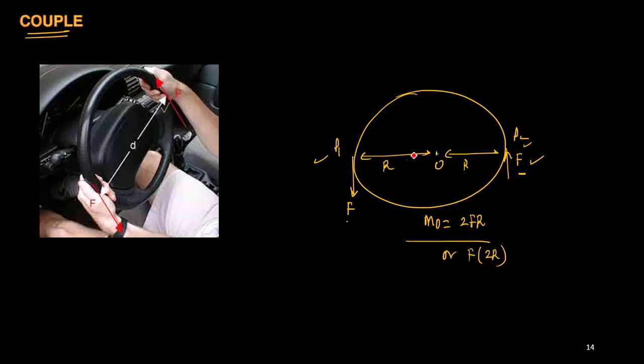Both P1 and P2 should not coincide with point O. Let us say this is a wheel and I am applying a force F over here and F over there, opposite forces of equal magnitude, but passing through the point O. That means they are not giving any kind of couple. So in order to get a couple, the force must not coincide with the line of O. O is the point about which the body should rotate. Then only I can produce the couple.